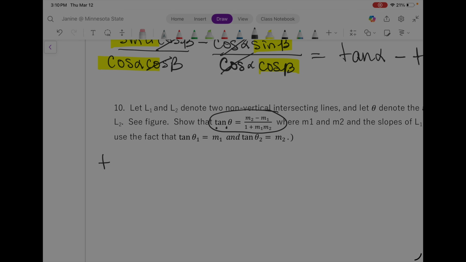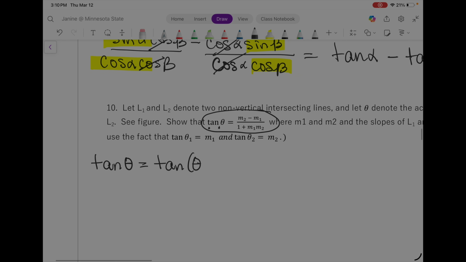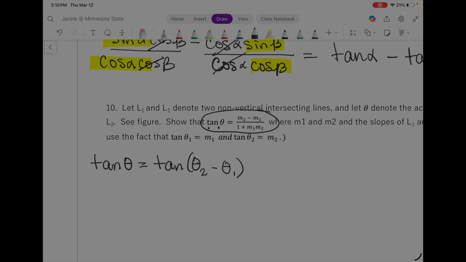That means that the tangent of theta is equal to the tangent of theta sub 2 minus theta sub 1. And I know that I can use my tangent sum and difference formulas to rewrite this.